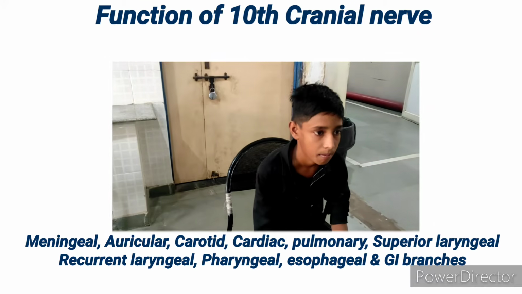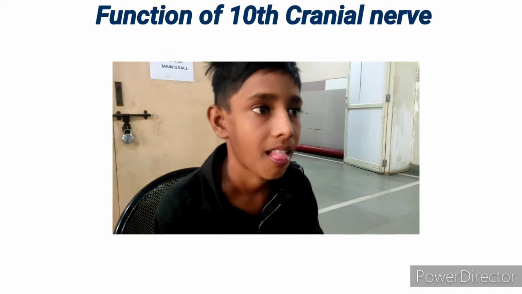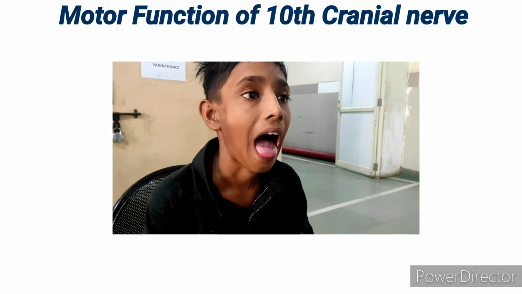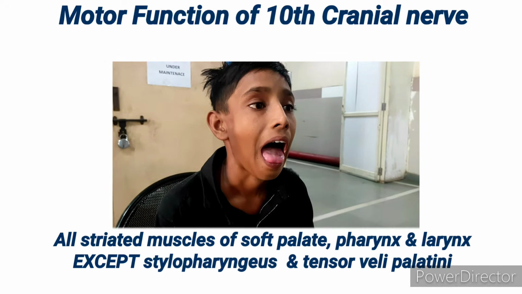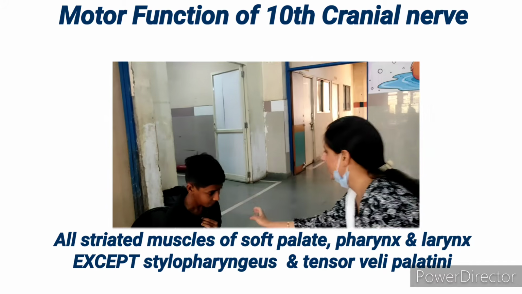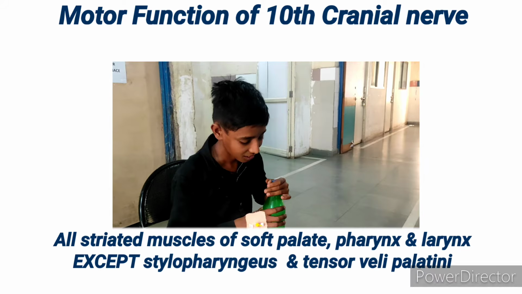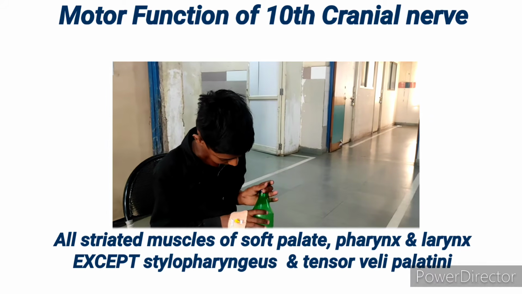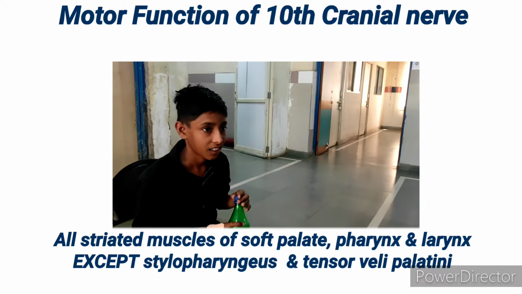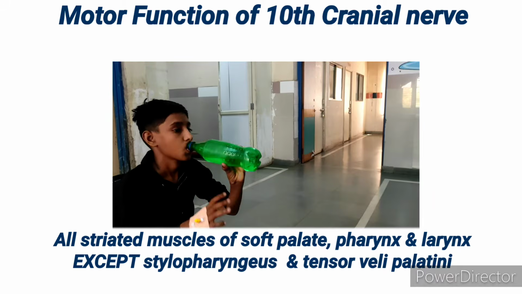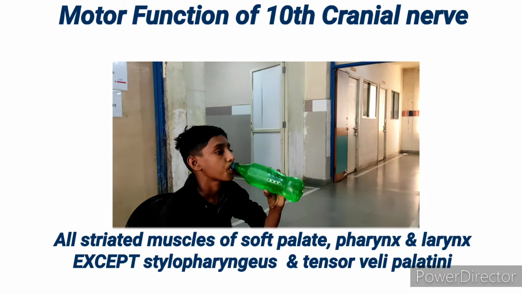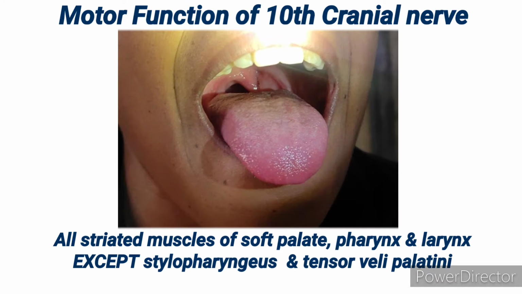Now the function of the 10th cranial nerve. Its motor function is through its pharyngeal, superior and recurrent laryngeal nerves. It supplies all the striated muscles of the soft palate, pharynx and larynx except stylopharyngeus, which is supplied by the 9th cranial nerve, and tensor veli palatini, which is supplied by the 5th cranial nerve.